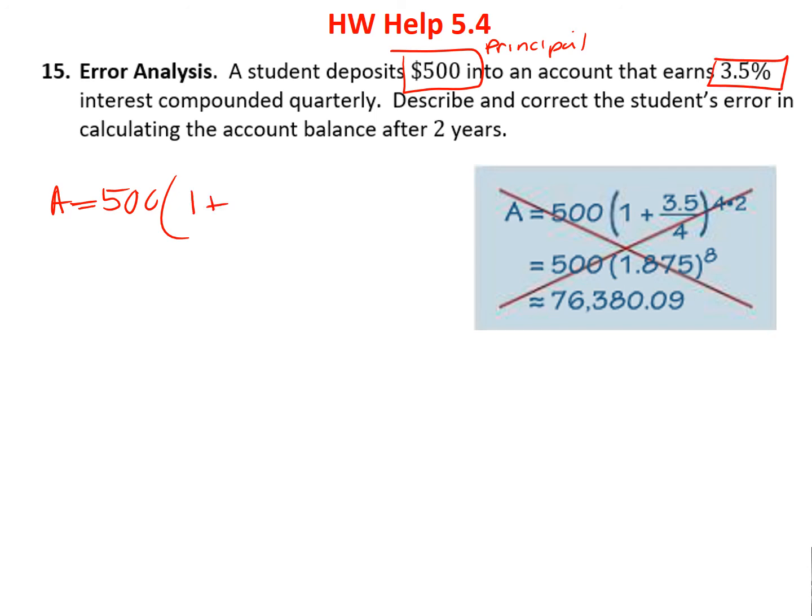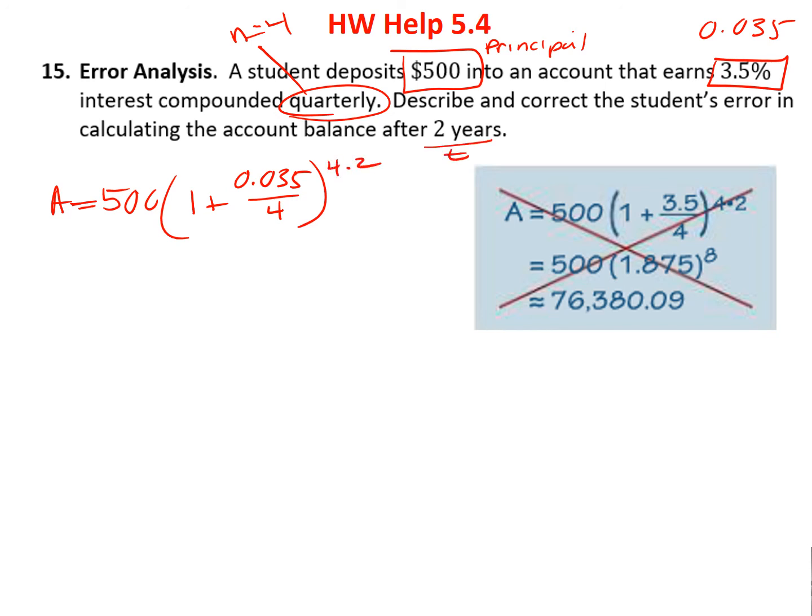And remember, percent means divide by 100, so that's 0.035. And then I'm going to do this quarterly. So quarterly means n equals 4. So this is divided by 4. And then it's going to be over 2 years t, so it's 4 times 2.